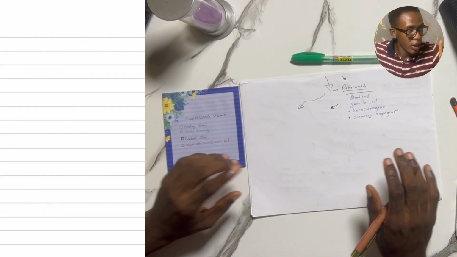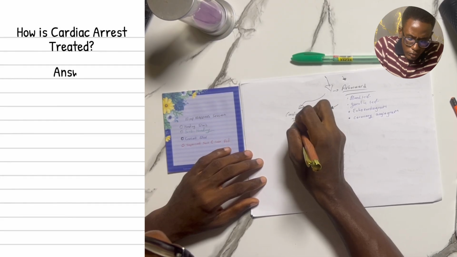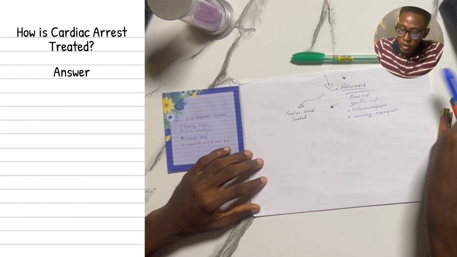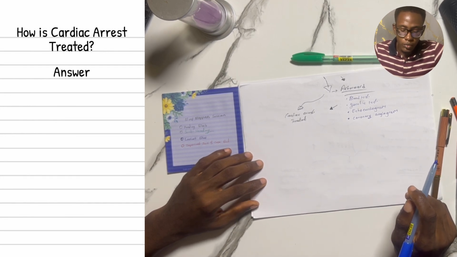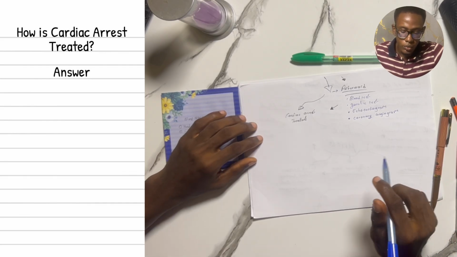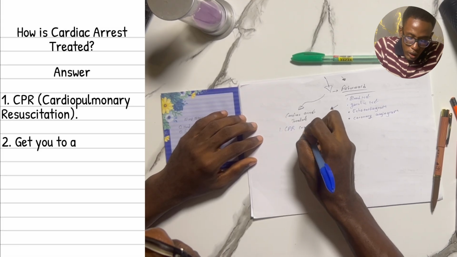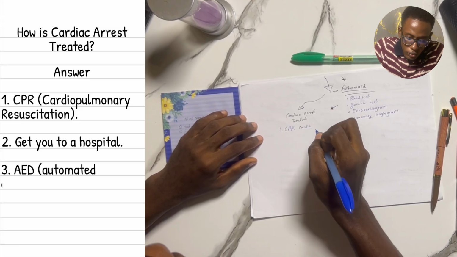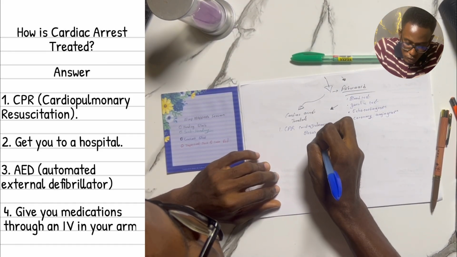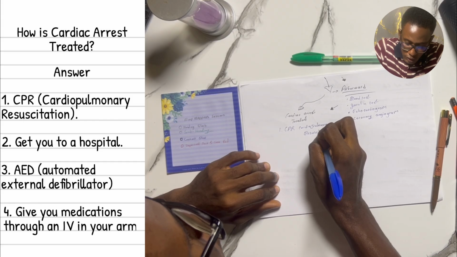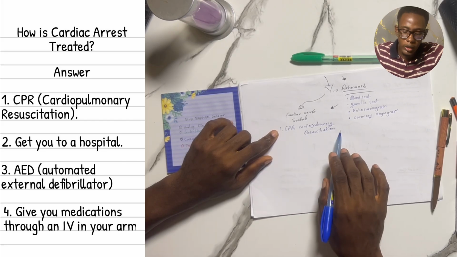Lastly, our concluding fact: how is cardiac arrest treated? Firstly, it is treated through CPR, which is cardiopulmonary resuscitation.